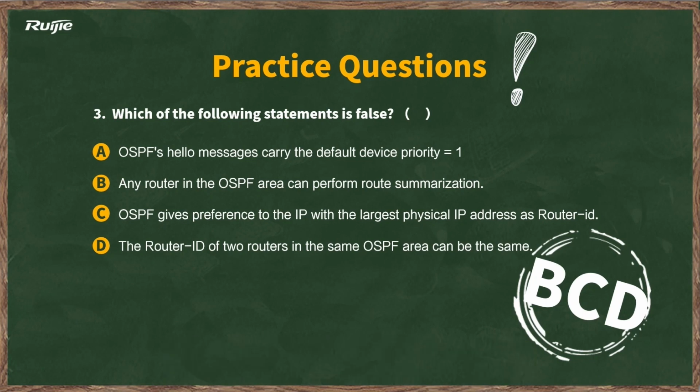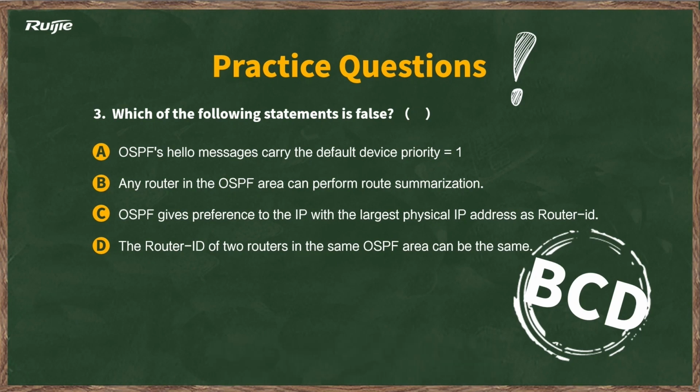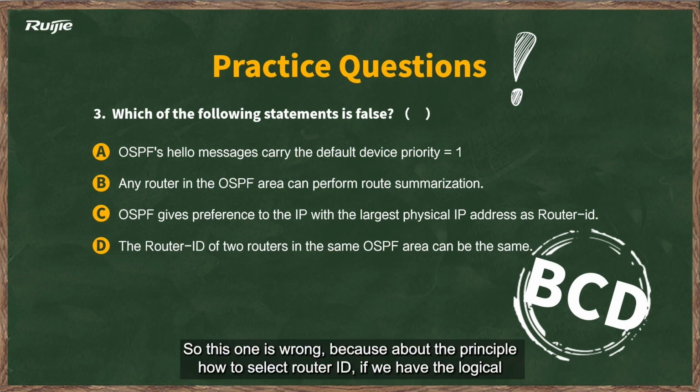Option C, OSPF gives preference to the IP with the largest physical IP address as router ID. So this one is wrong because of the principle of how to select the router ID.